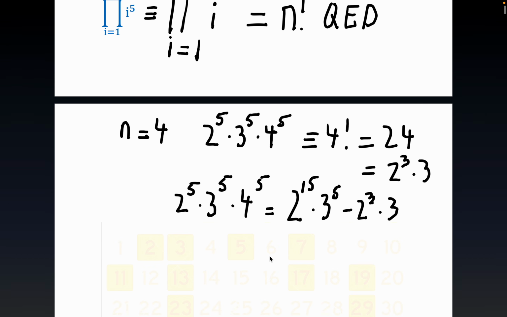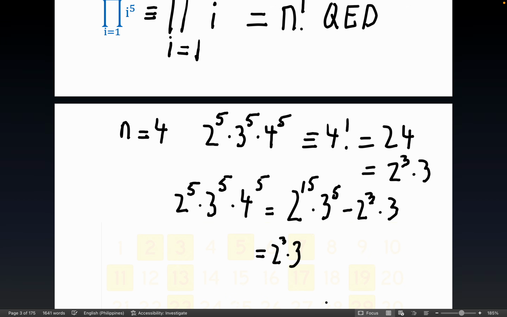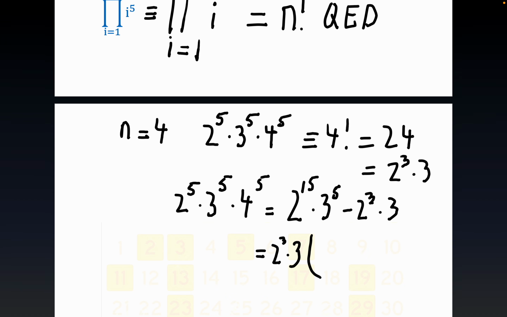Now notice you can factor out 2 cubed times 3. You can see the pattern here, 2 cubed times 3. Now what's left here, folks? Well, 2 to the 12th is left. 2 to the 12th times 3 to the 4th minus 1.